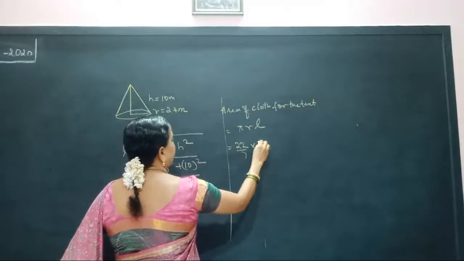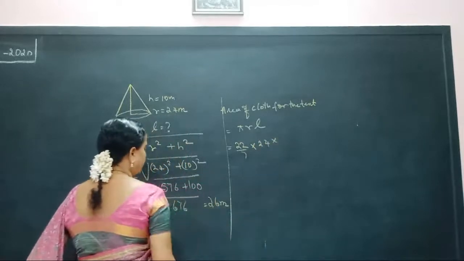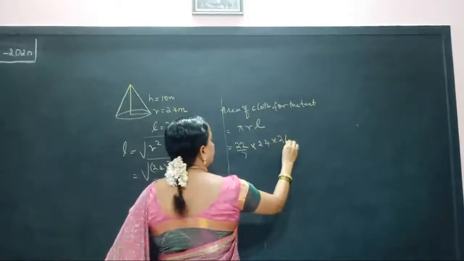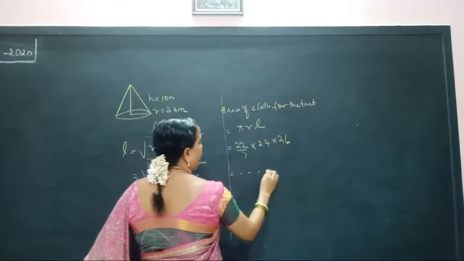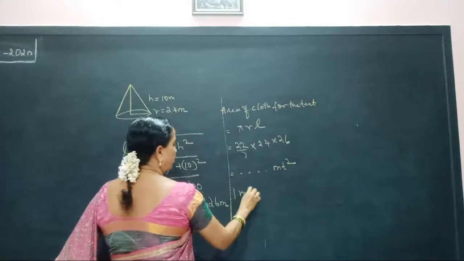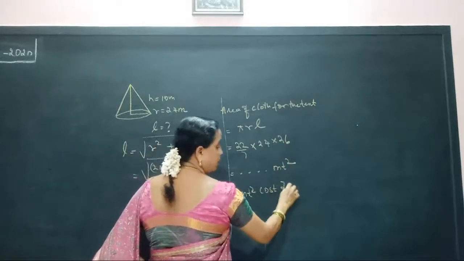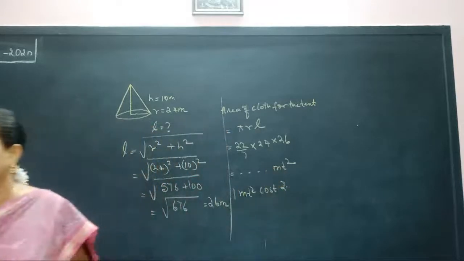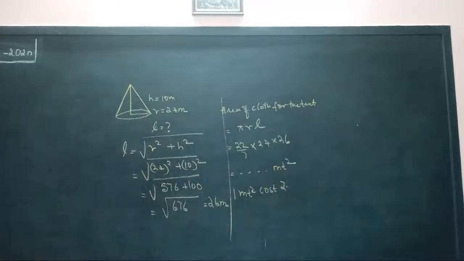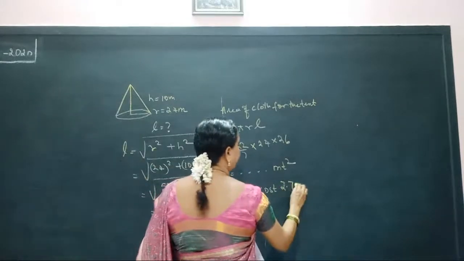The radius is 24 and slant height is 26. Get the product, and then 1 meter square cost rupees 70.